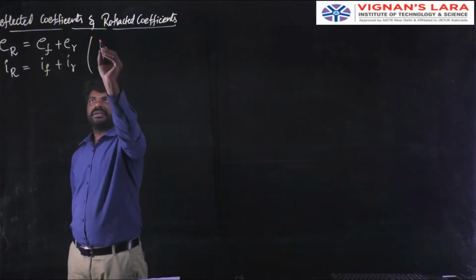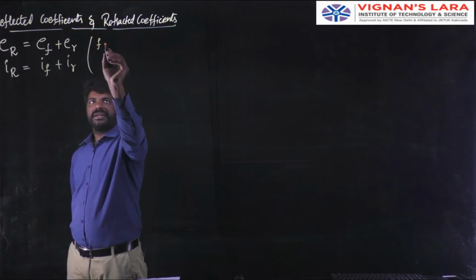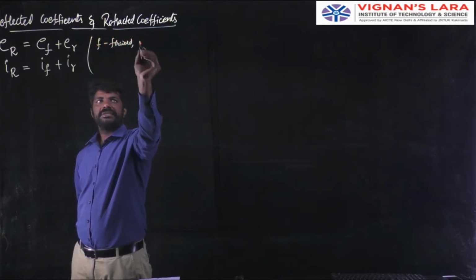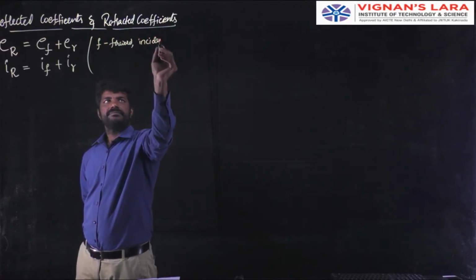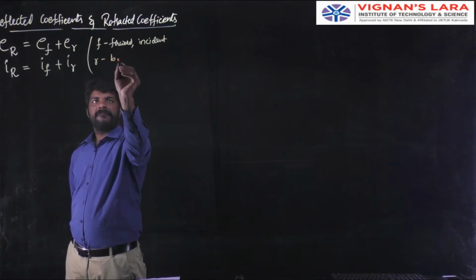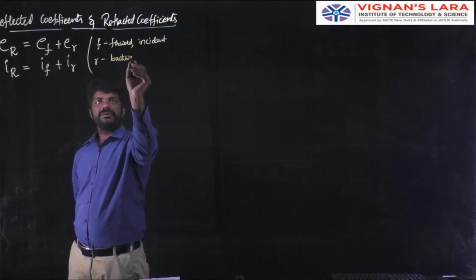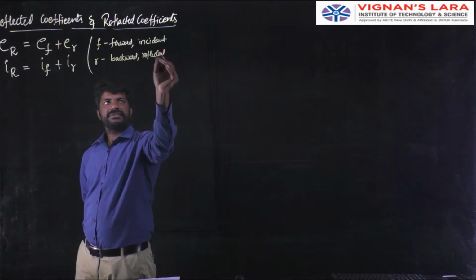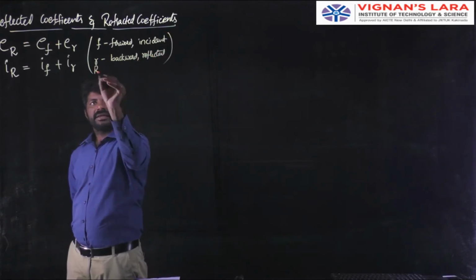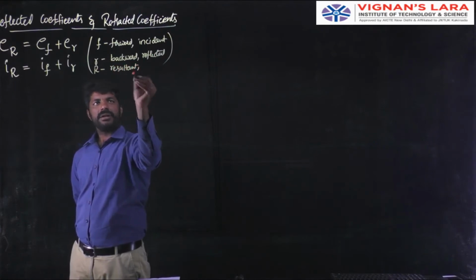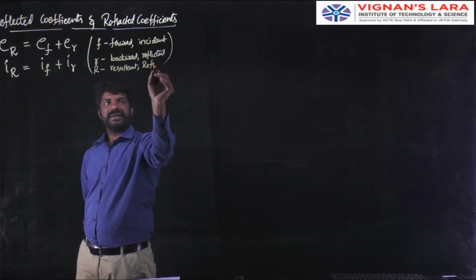Always remember that small f indicates forward or incident, small r represents backward or reflected quantities, and capital R represents resultant or refracted.